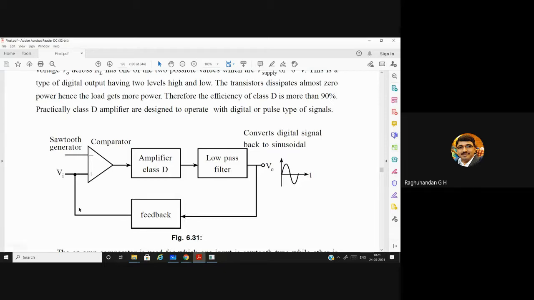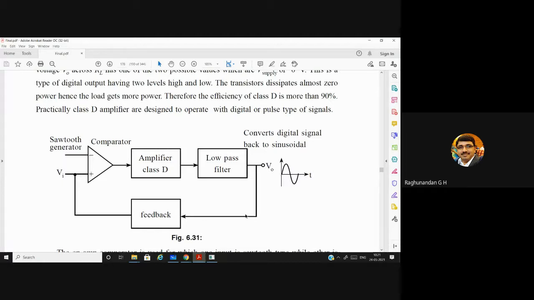Once the sinusoidal signal is produced, even though you switch off this Vi, you will be getting the feedback. But since our intention is to amplify the signal, we will be giving the input signal, and this will be acting as a feedback signal, and it is going to enhance the level of the signal.